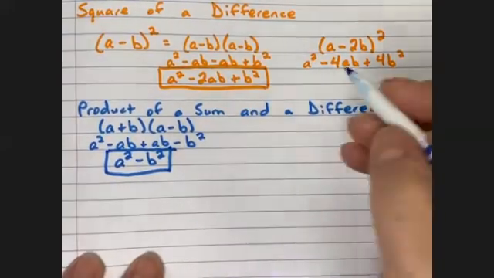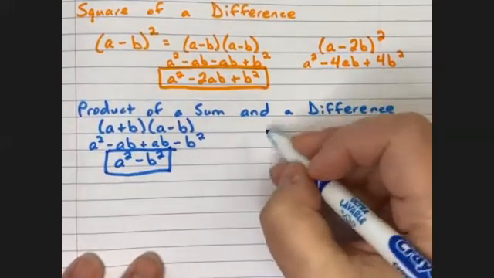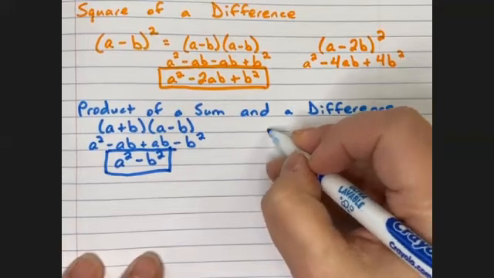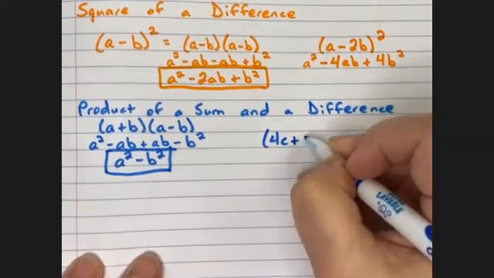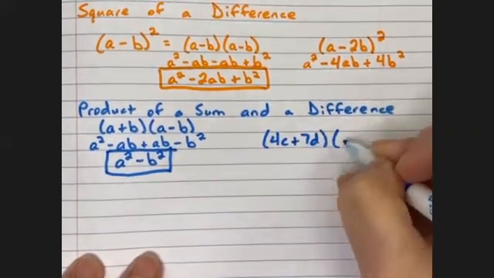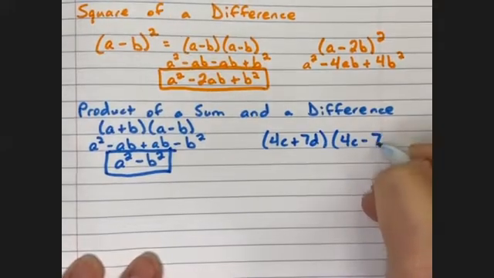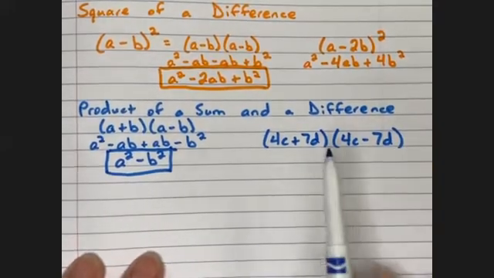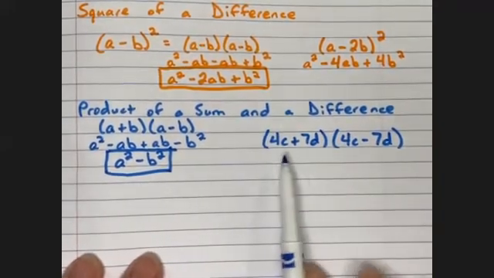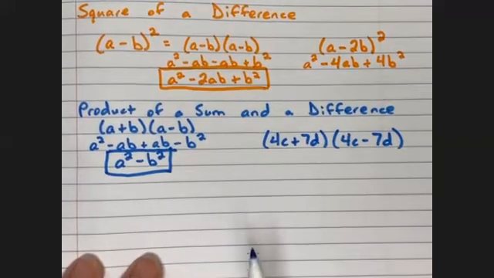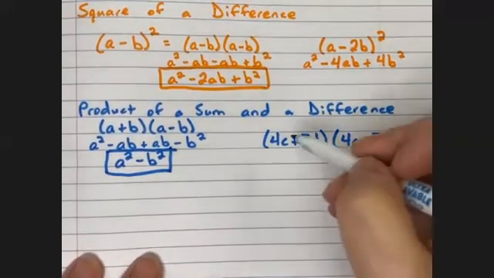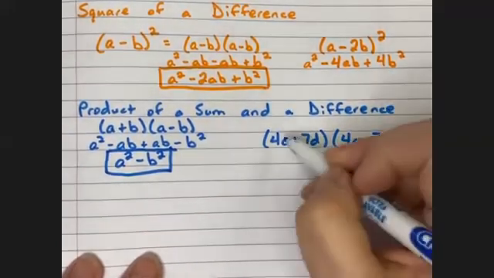So let's take a look at an example. If I have 4c plus 7d times 4c minus 7d. Once again, of course, these only work if the numbers on the insides are exactly the same, but one's a plus and one's a minus. So I'm going to take the first term and square it.